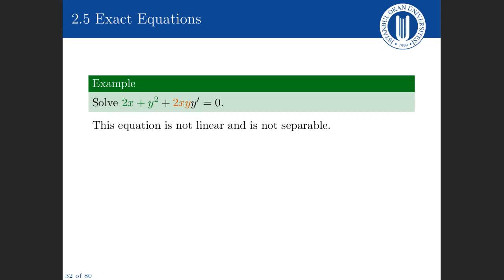For example, I want to solve 2x + y^2 + 2xy y' = 0. If you look at this equation, you will see it is not linear, because we have y multiplied by y prime. And this equation is not separable, which I will leave you to think about.